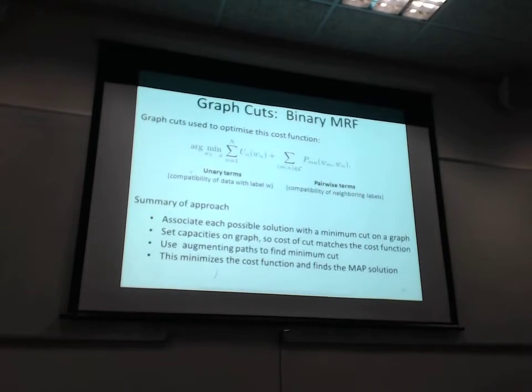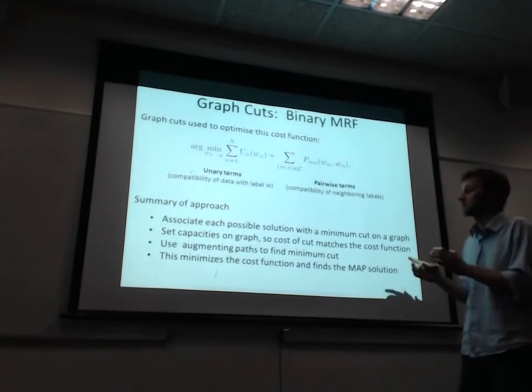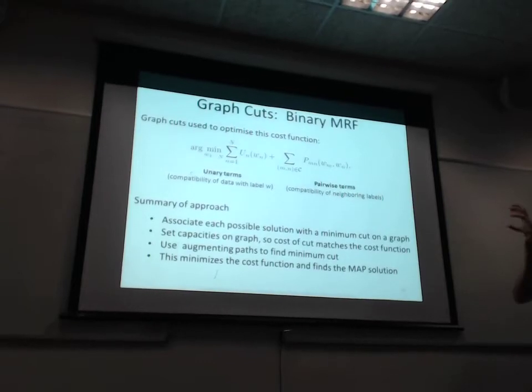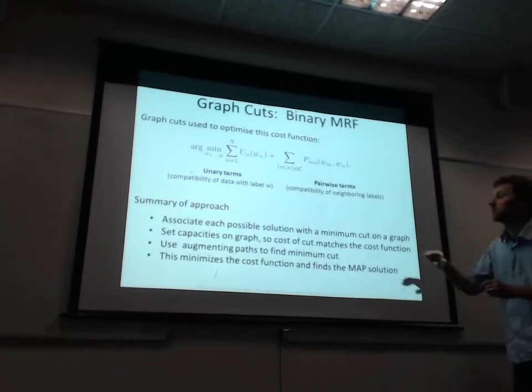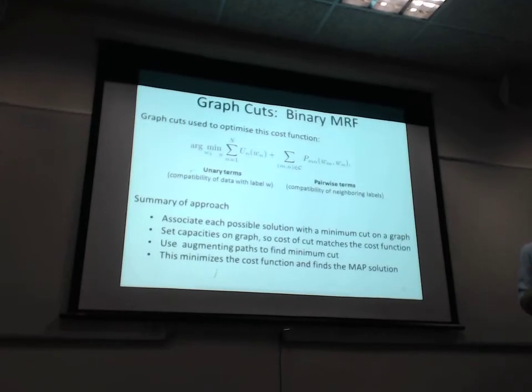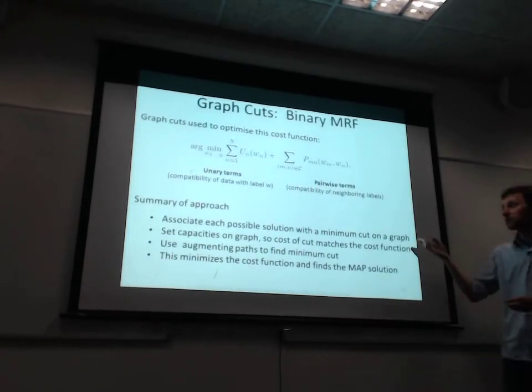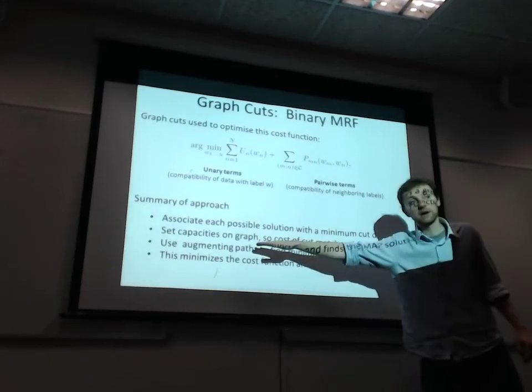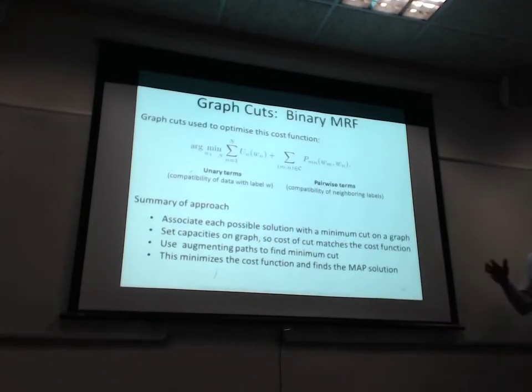So the approach so far is that we're associating our problems, our graphical models, with a minimum cut on a graph. If we can convert it into a reasonable graph, we compute minimum cut, we will have a solution. We just have to set the capacities on the graph so that they match our cost function, so they represent the values in our cost function.